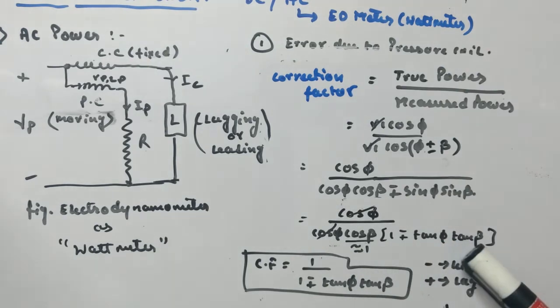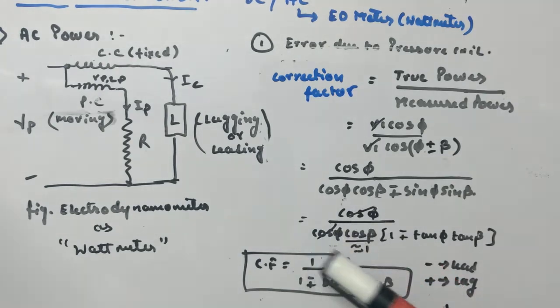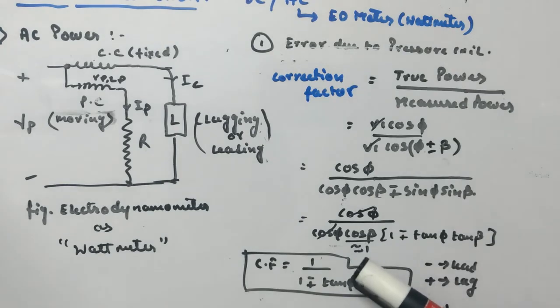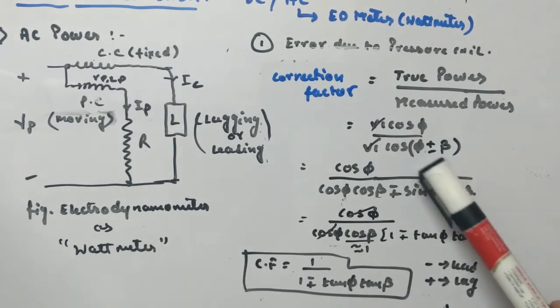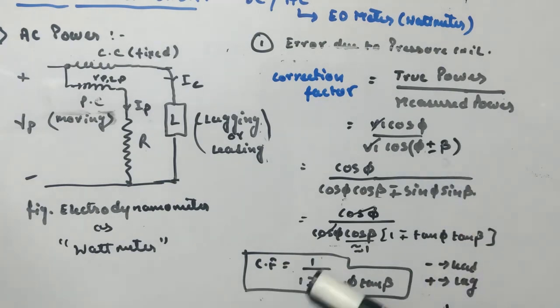So tan phi tan beta, this will become 1 minus or plus tan phi tan beta, cos phi will get cancelled, and cos beta will be there. This will generally be very small. The actual expression is this, but mostly cos beta is approximately equal to 1. At that point you will have 1 upon 1 minus or plus tan phi tan beta: plus for lead, minus for lag, or rather, plus for lead and minus for lag, because we applied the cos formula, that's why the sign changed.